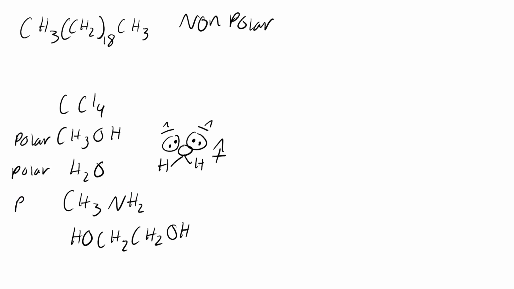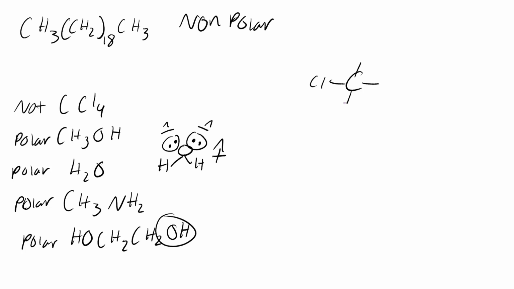We have nitrogen attached to a hydrogen, so that's polar. Again, a hydrogen attached to an oxygen, that's an alcohol group, or you can say it's just H bonding, so that's polar as well. By process of elimination, this is not polar.